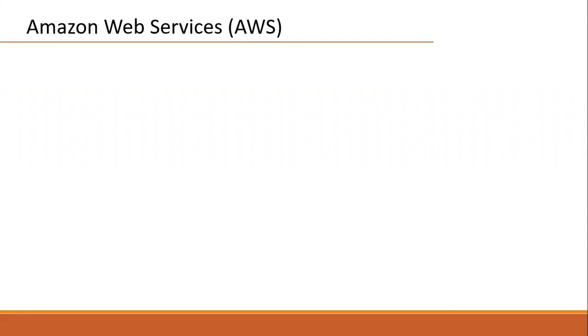Today in the market we have so many cloud platforms available, but AWS is leading the cloud computing platforms today. Why? Because it was introduced first in the market, in 2007. That's why it is the leader today in the cloud computing industry.